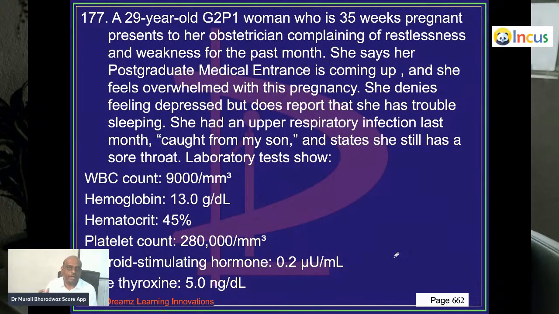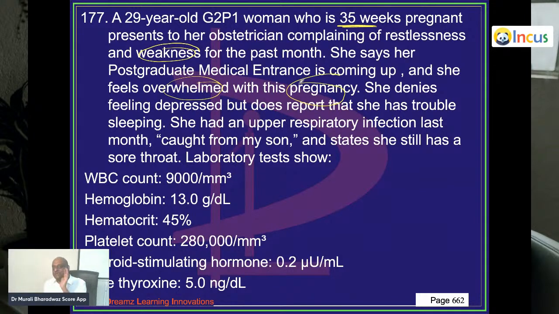Now, 29-year-old G2P1 who is 35 weeks pregnant, restless, and she says her PG entrance is coming up. She feels overwhelmed with her present pregnancy. At least male doctors preparing for NEET PG know this kind of problem.